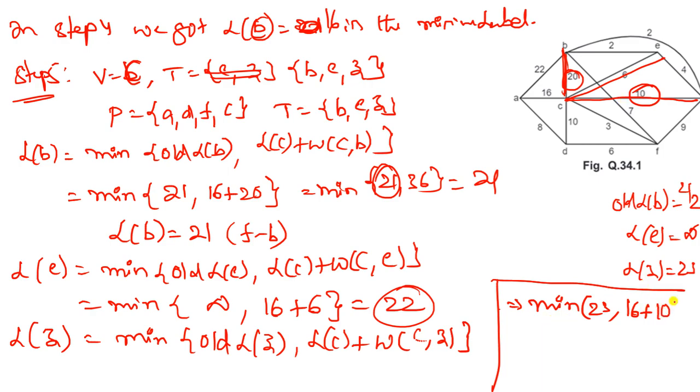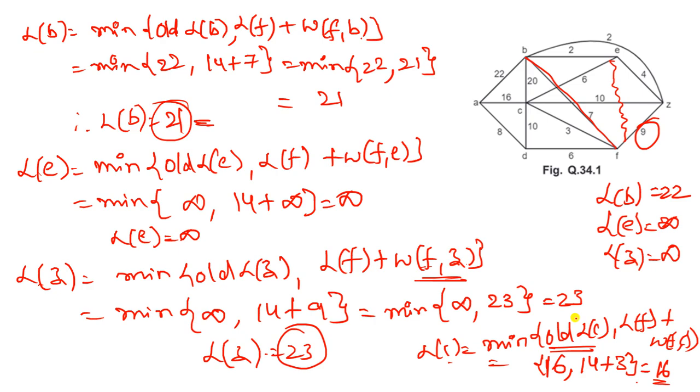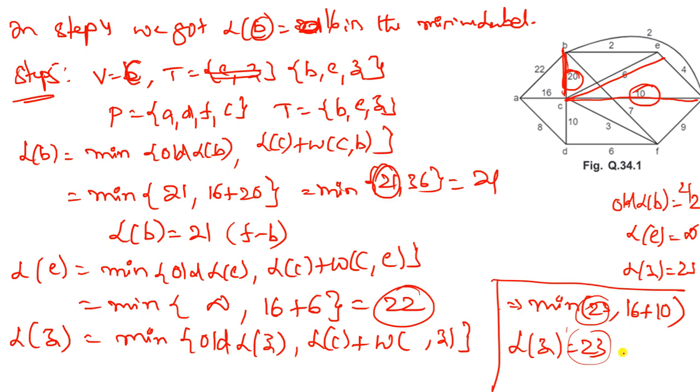So 16 plus 10 is 26. Minimum of 23 comma 26, what is the minimum value? 23. So L of Z is equal to 23. Where did we get this 23? In the previous step, traveling from F to Z we got 23, okay. This is traveling from F to Z, not C to Z. Don't consider it like this. If we travel C to Z we get 26. So in this we have to choose the minimum of 23.